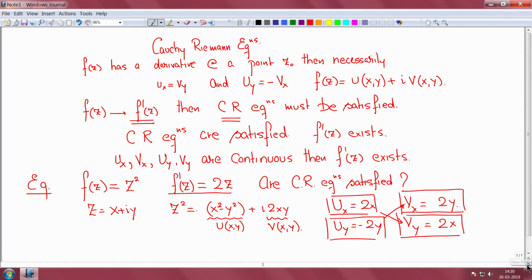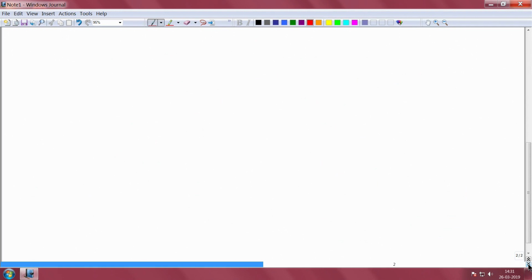Now we take another example where it does not work. So next example is let f of z be equal to magnitude of z square.